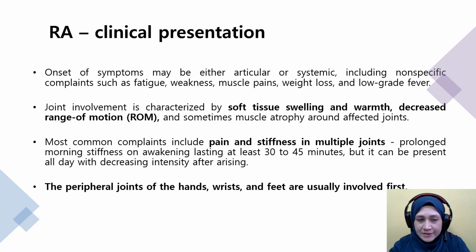For example, the patient can wake up in the morning with stiffness in the joints, and it can last until 45 minutes. Okay, and the peripheral joints of the hands, wrists, and feet are usually involved first. As compared to osteoarthritis, it can also affect the knee, because the knee is usually used very commonly.